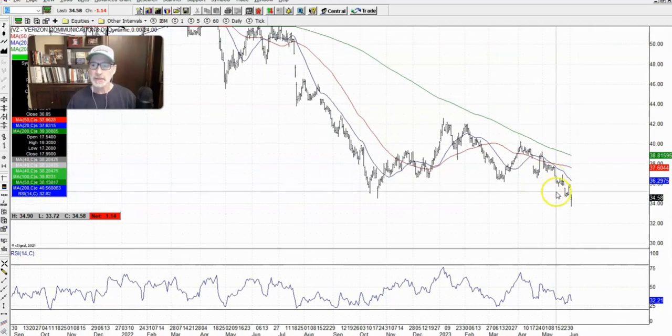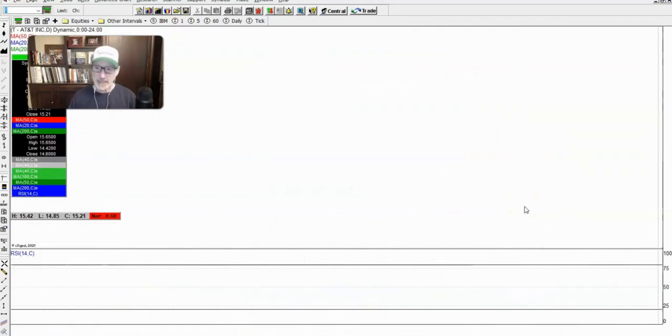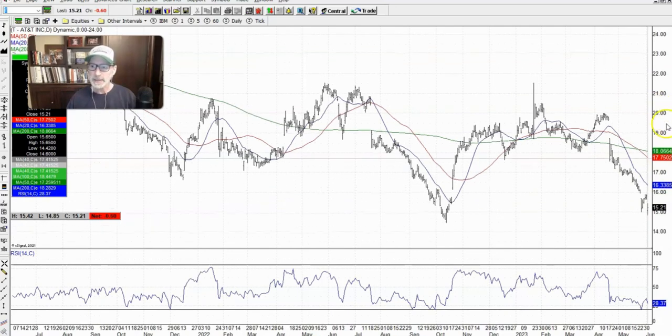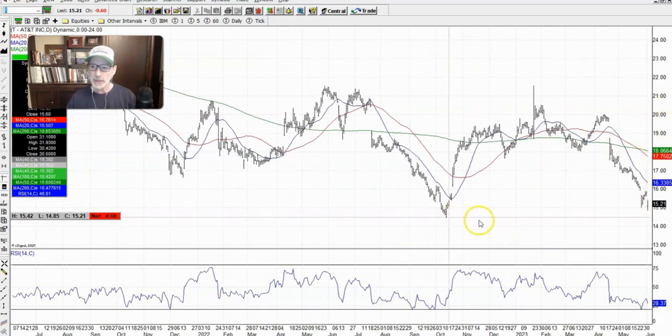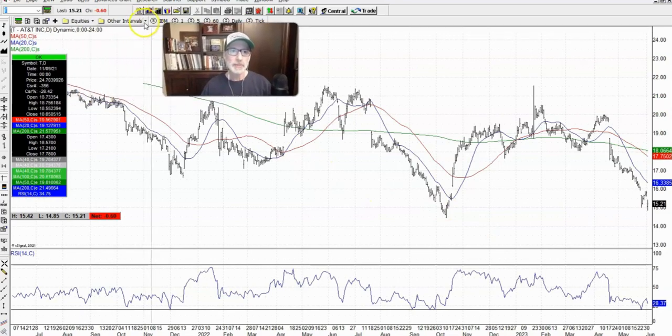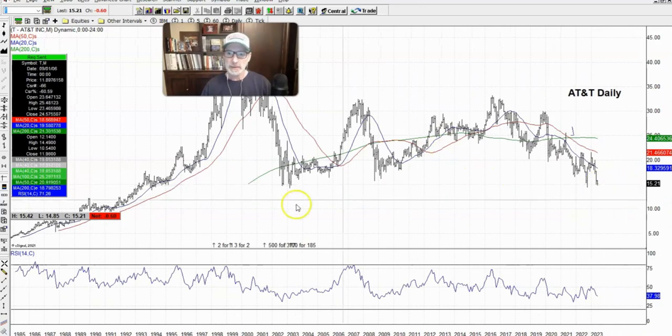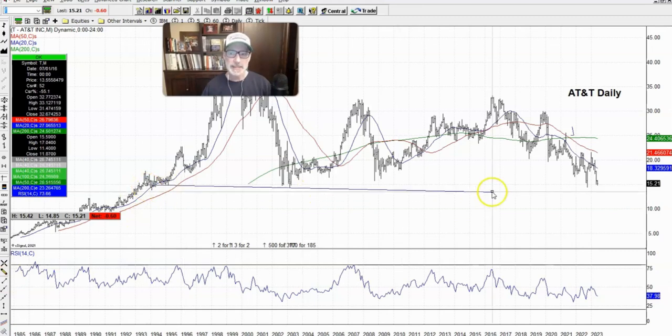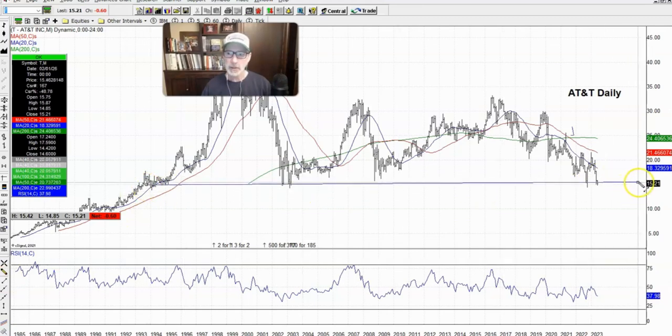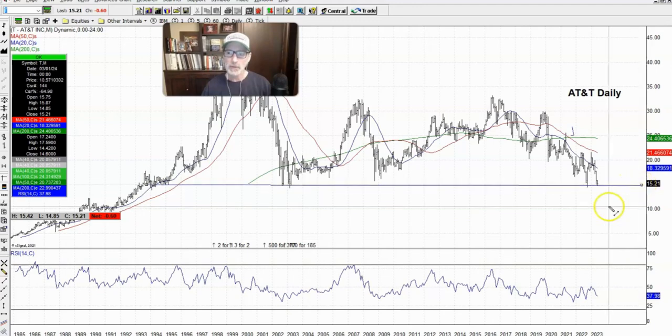Verizon got hit, AT&T got hit as well. But AT&T is getting down to that $14.50, $15 low, which it really hasn't been through in a long period of time. Let's look at the monthly. Look at this long-term support for AT&T going all the way back to the early 1990s. So this may be the ultimate support area for AT&T.